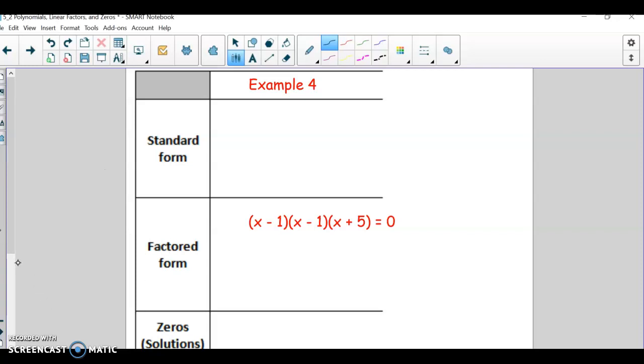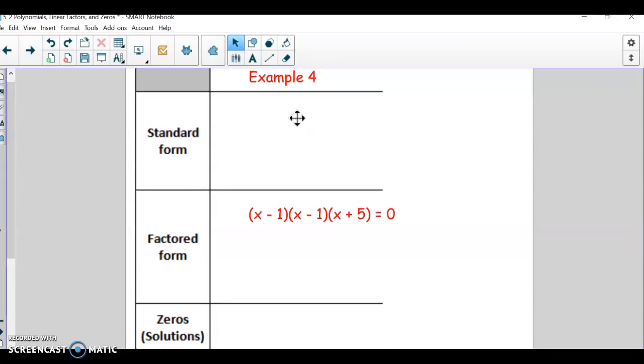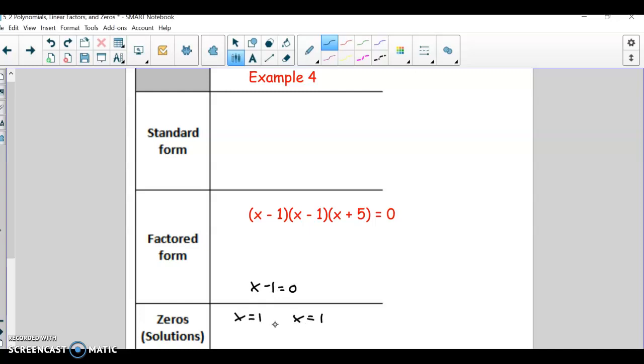This one starts in factored form, all right, and then see if you can fill in the other parts. One thing that's a little different on this one is you have two x minus 1 factors. So when you set those to 0, you get x equals 1, but you get that answer twice, right?